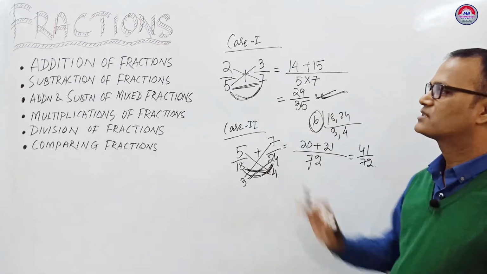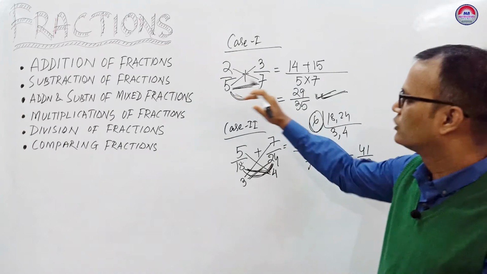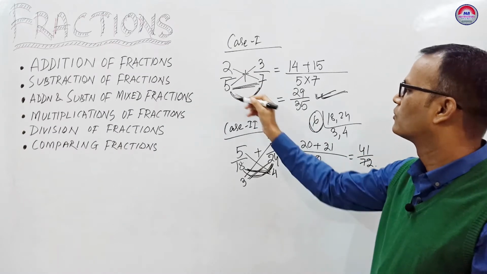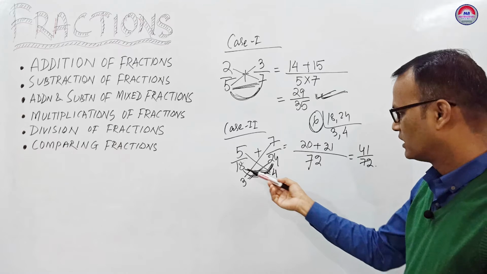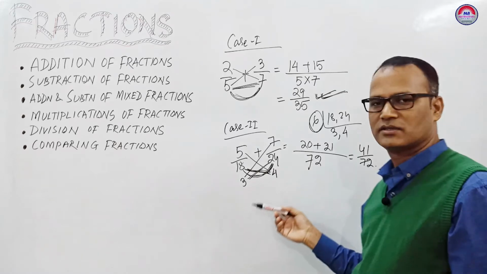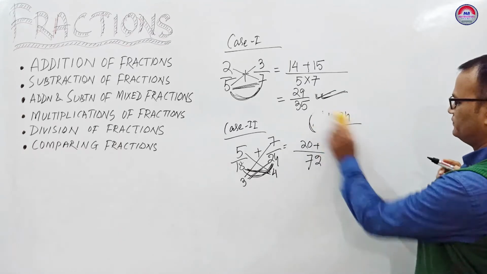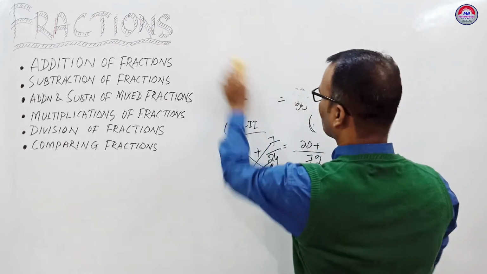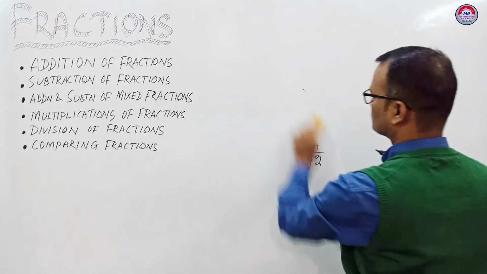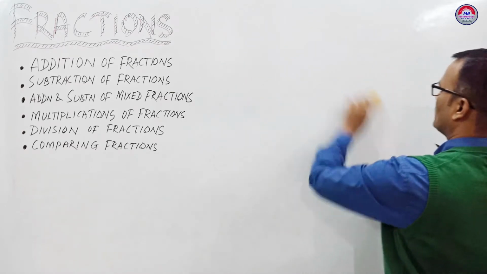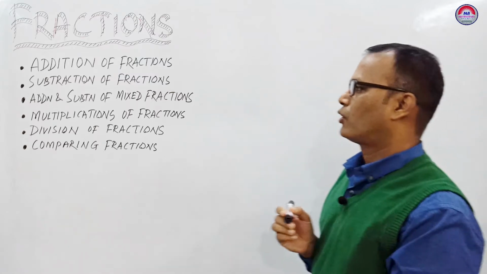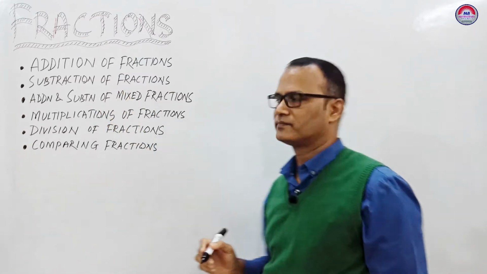It is addition of fractions where in case 1 the denominators are co-primes, and here the denominators are composite. Okay, next, the same process will be followed in the case of subtraction.